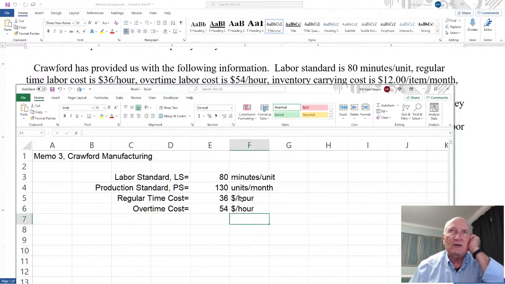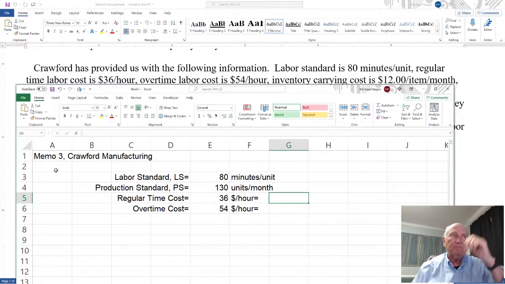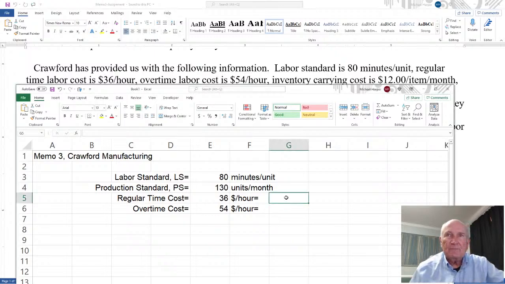Now we have cost per hour. We're going to want the cost in dollars per unit of production, because that's pretty much how we do things. So let's transform that from hours.